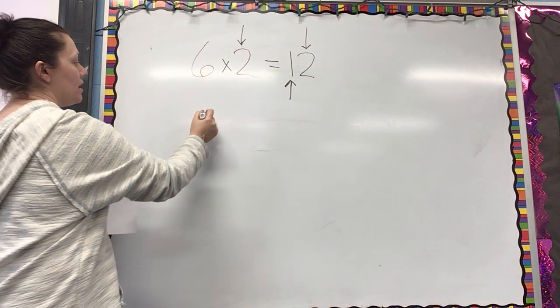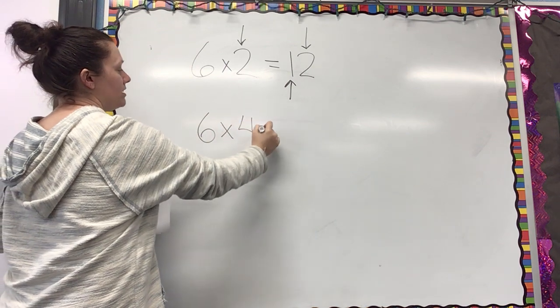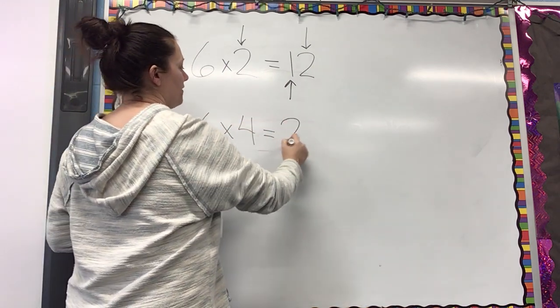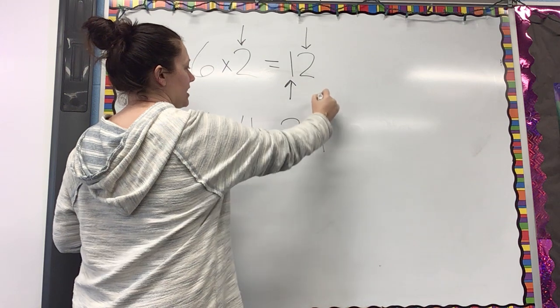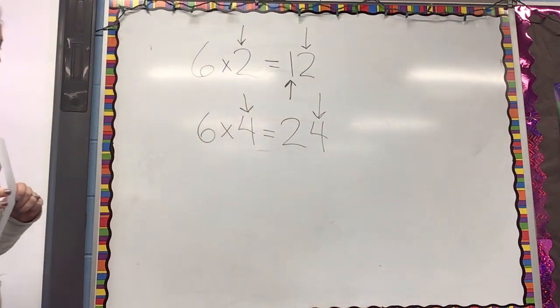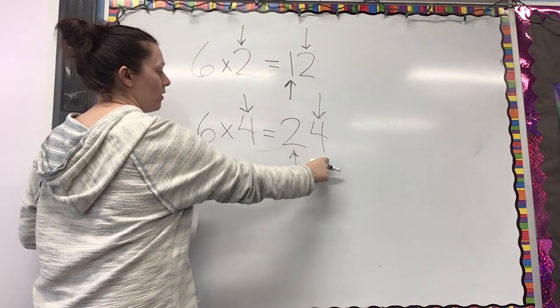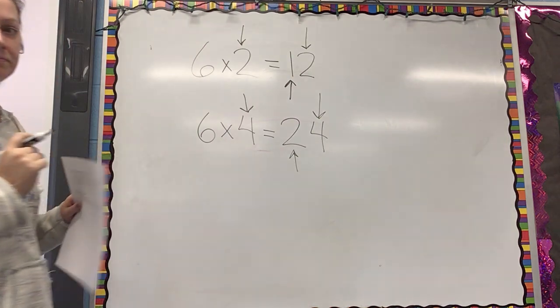So watch us do another one. Find 6 times an even digit only. So 6 times 4. What is 6 times 4? 24. Your last digit, look, is always the same as what you multiplied by. Your digit in the ones place is always half as much. Half of 4 is 2.